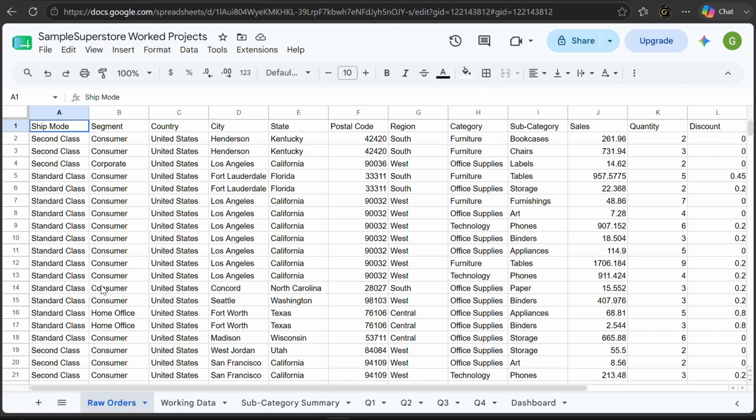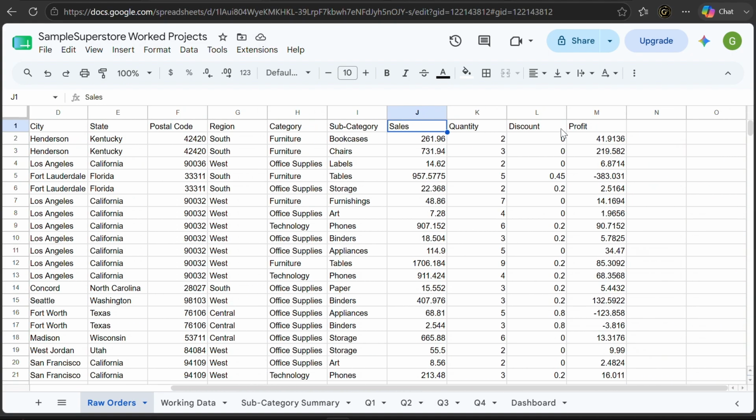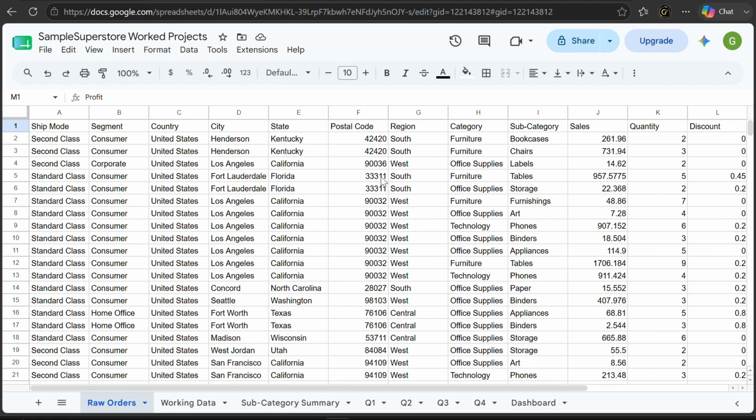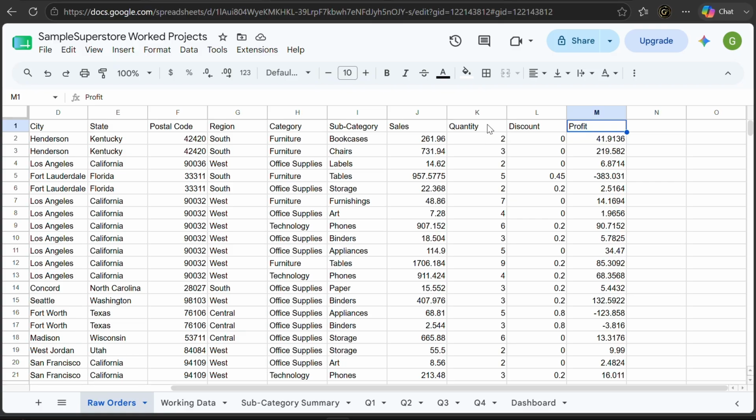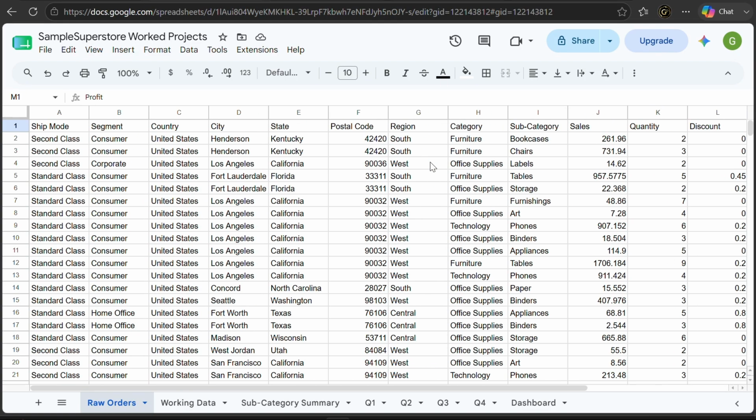If you look at it, we have 13 columns, and they are: ship mode, segment, country, city, state, postal code, region, category, subcategory, sales, quantity, discount, and profit.